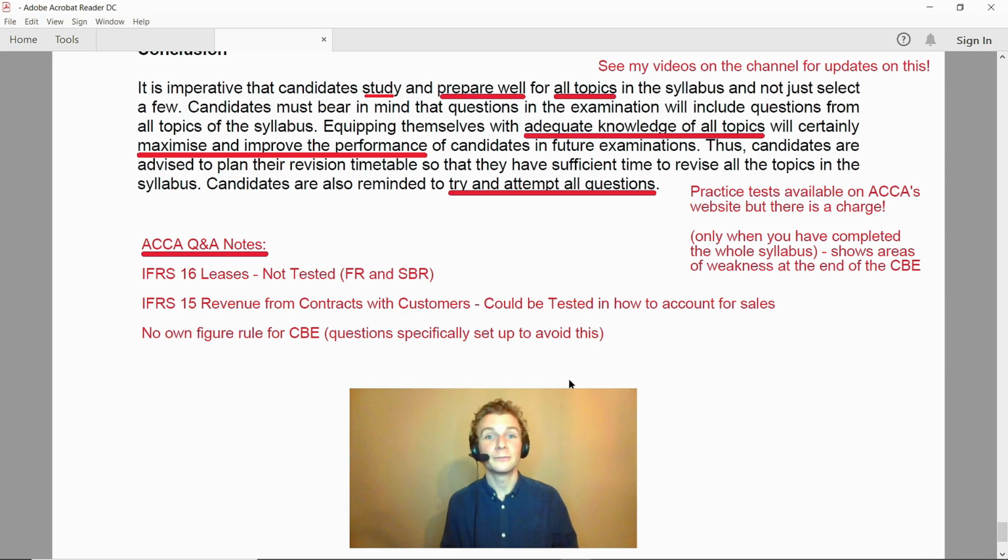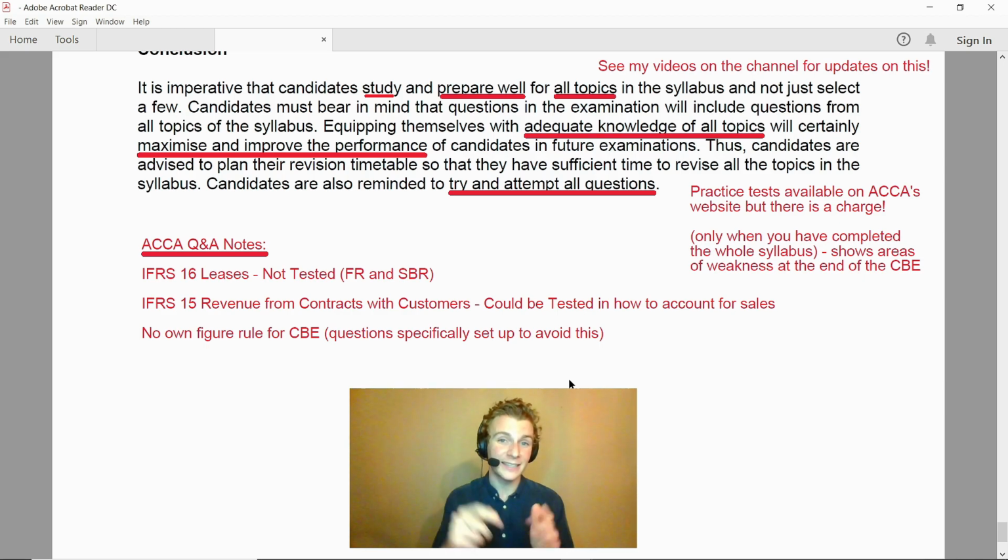Final notes at the bottom from the actual Q&A on the ACCA's website and from the technical articles: it's come up quite a lot that IFRS 16 on leases is not tested on this examination. So get that down because it seems to come up loads of times, but it is tested on financial reporting and SBR. However, IFRS 15 revenue from contracts with customers could be tested in how to account for sales.